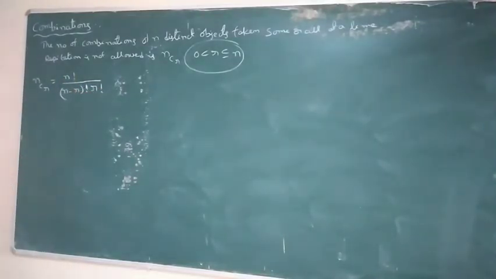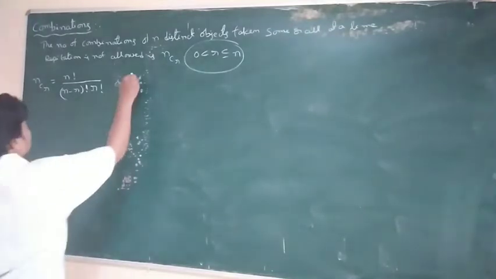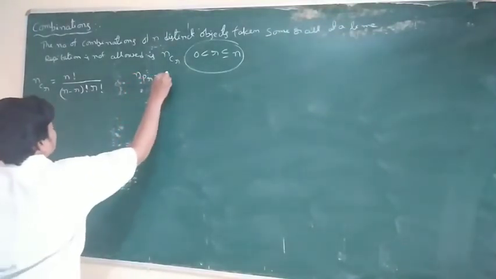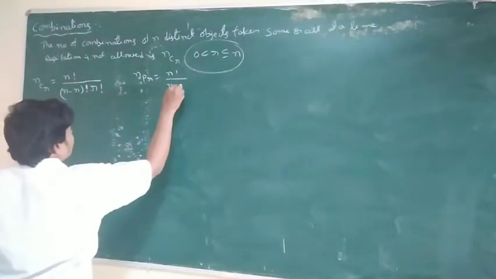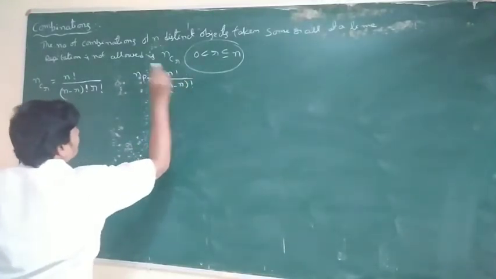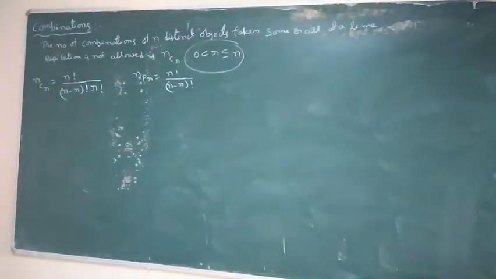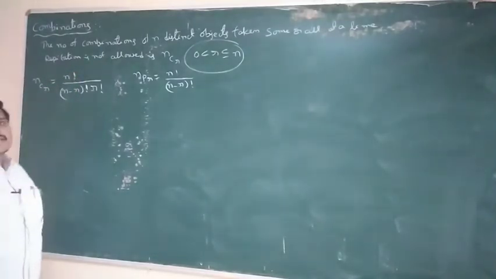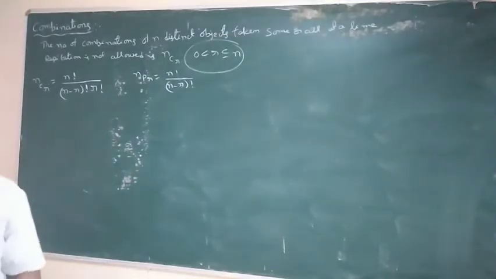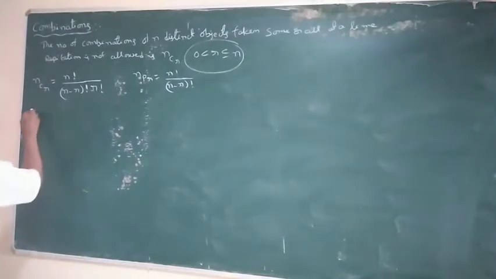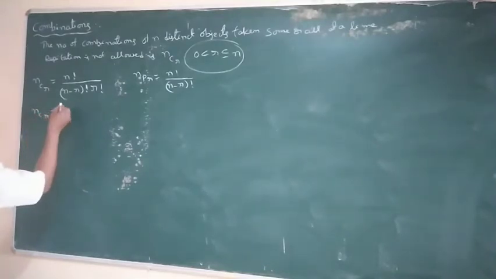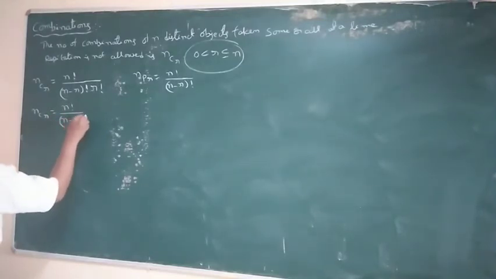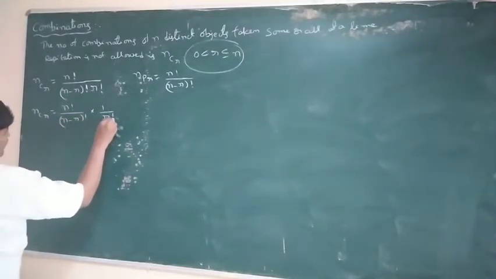What is the difference between nPr and nCr? nPr is equal to n factorial by (n minus r) factorial only. Here nCr is equal to n factorial by (n minus r) factorial into r factorial, which is nPr into 1 by r factorial.